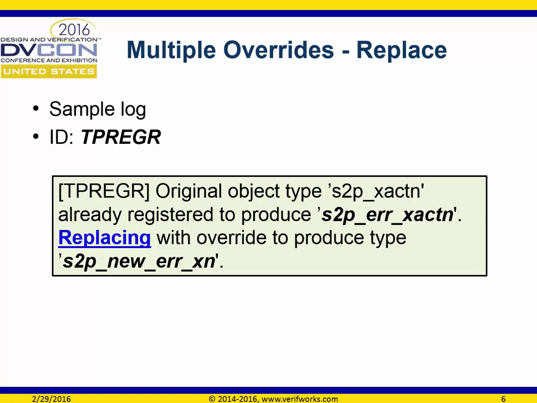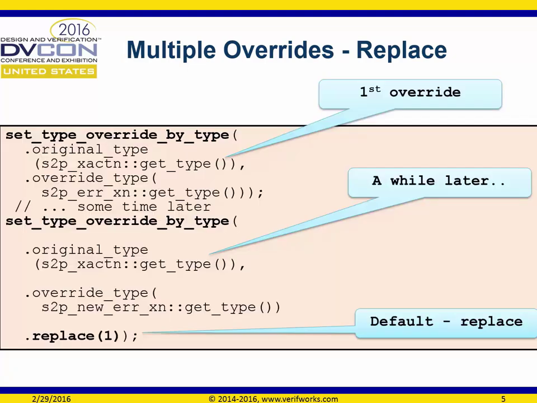When you do this replacement, a message is printed with the ID TPREGED that you should be looking for in your log file. When you see this message, you will also see that the original object type S2P transaction was already registered to produce S2P error transaction. I'll go back so that you can see. It looks a little bit subtle.